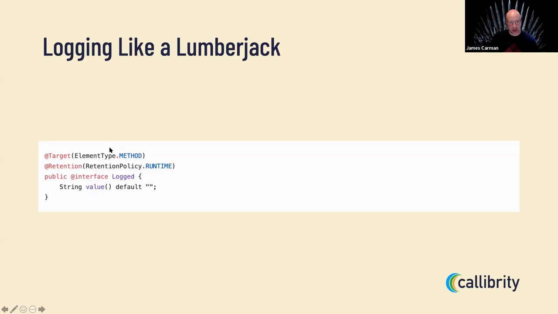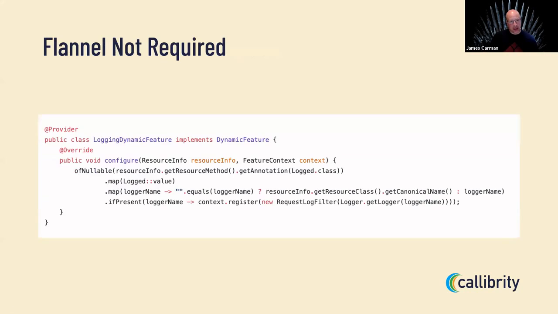We're doing a different approach. Another plugin type is the dynamic feature. The idea here is you get to decide at runtime whether or not you want to add the plugin to this method. The actual plugin that we want to add, the filter, is the request log filter, and that's down here, and we're deciding.